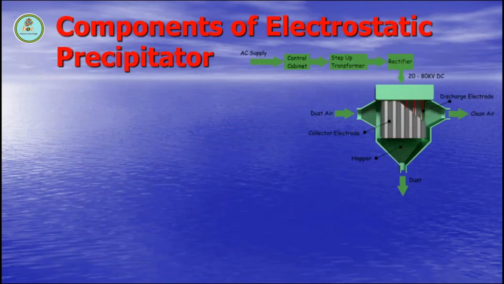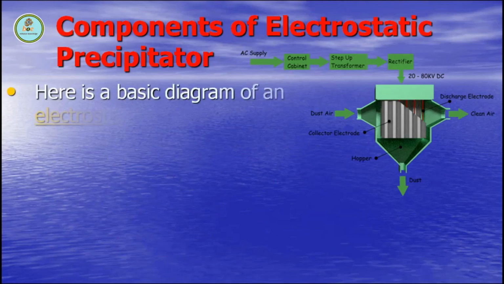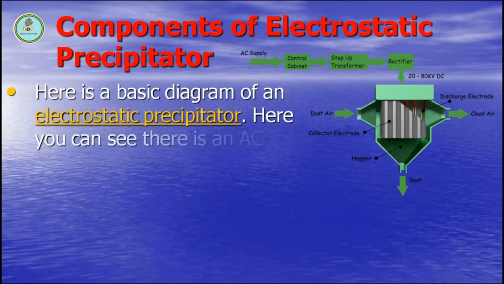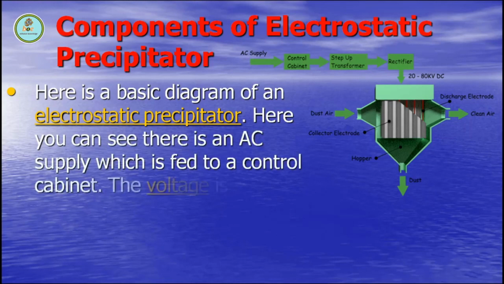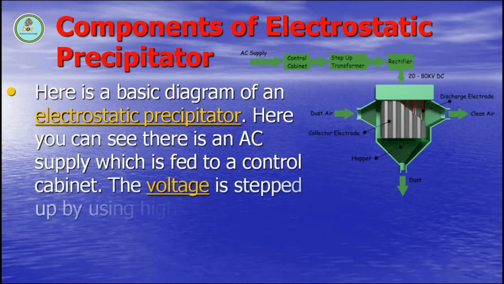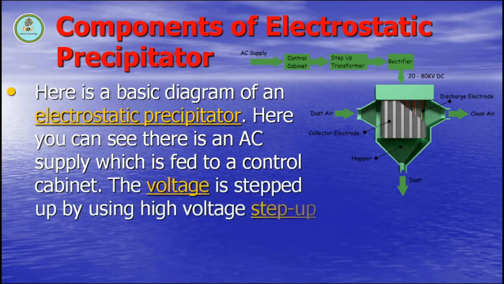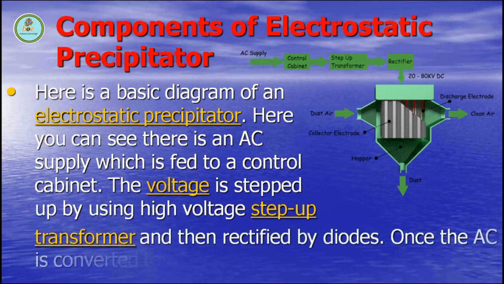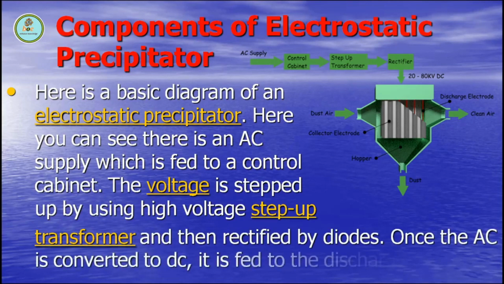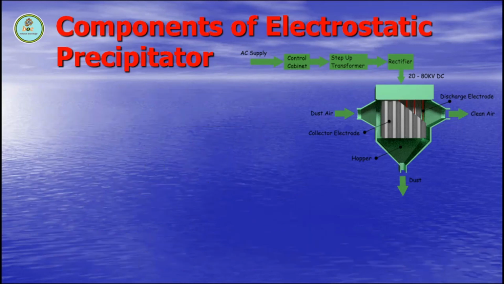Components of electrostatic precipitators. Here is a basic diagram of an electrostatic precipitator. Here you can see there is an AC supply which is fed to a control cabinet. The voltage is stepped up by using a high voltage step-up transformer and then rectified by diodes. Once the AC is converted to DC, it is fed to the discharge electrode.